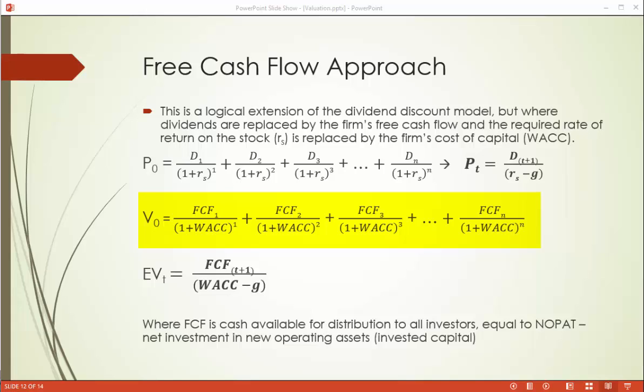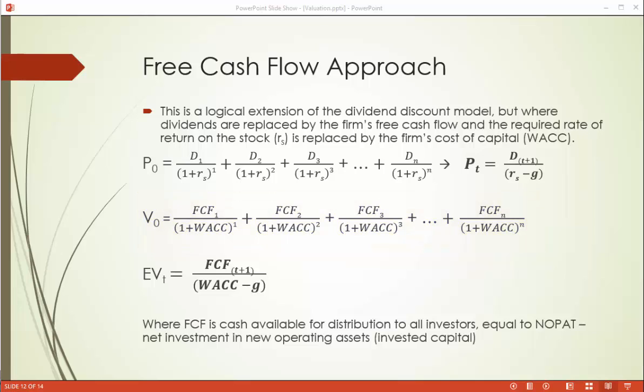And we'll define free cash flow here in a minute. But if we take the free cash flow for period 1 and discount that by the weighted average cost of capital for one period, that means we're going to divide it by 1 plus WACC raised to the first power. And then we take the free cash flow for the second period, the free cash flow for the third period, etc. Discount all those free cash flows back, and we're going to end up with the value of the firm.